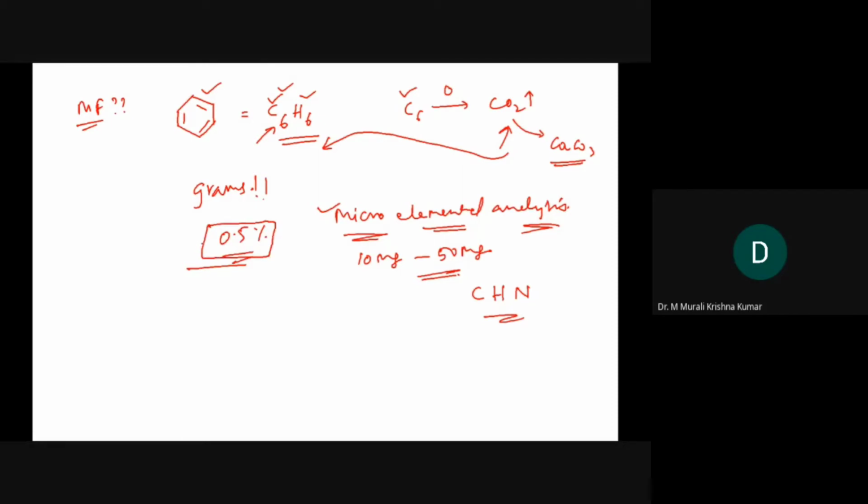We cannot avoid that. But right now, science is accepting an error of 0.05% as agreeable, as this much accuracy can be achieved by the latest microelemental analysis methods.